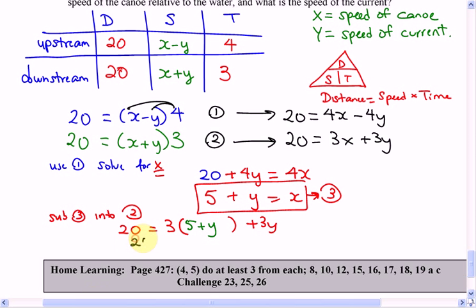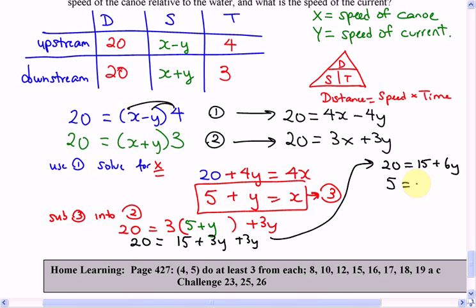Do some algebra. 20 equals 15 plus 3y plus 3y. That simplifies to 20 equals 15 plus 6y. Subtract 15 on both sides, so you get 5 equals 6y. And so y just equals 5 over 6.